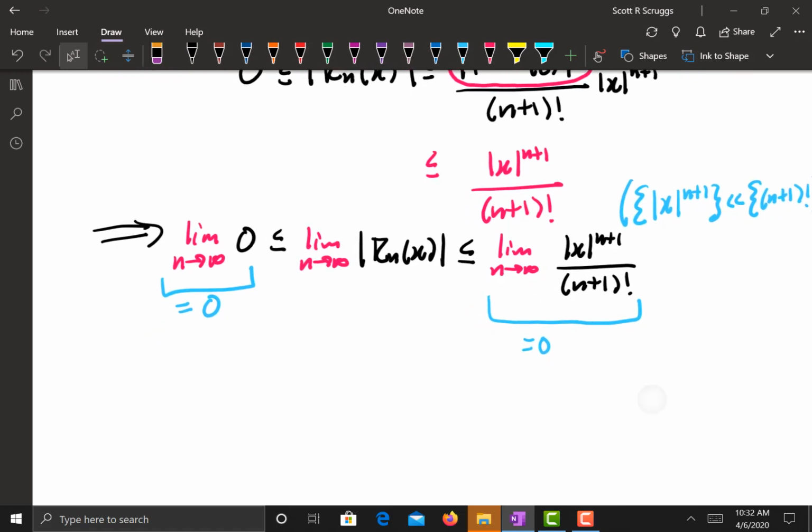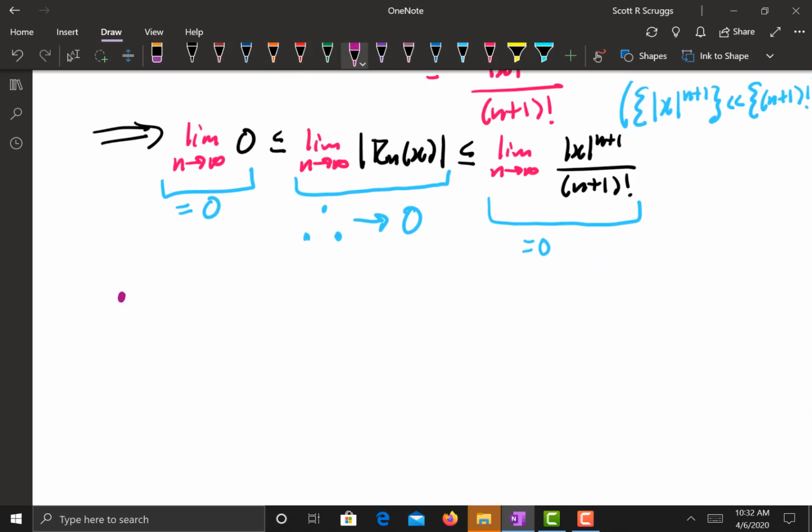Which means I can conclude by squeeze theorem, therefore, and I'm going to use the therefore symbol, which is just a triforce, to note that the remainder is going to 0.